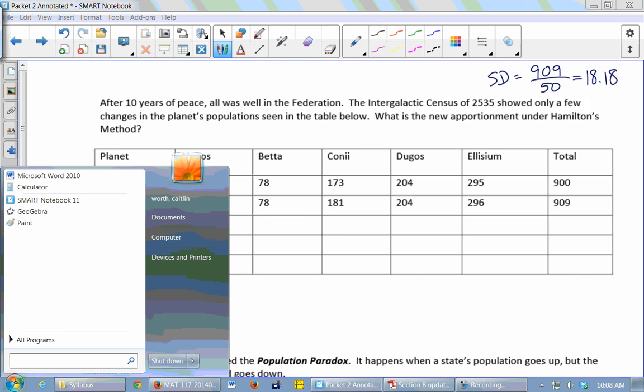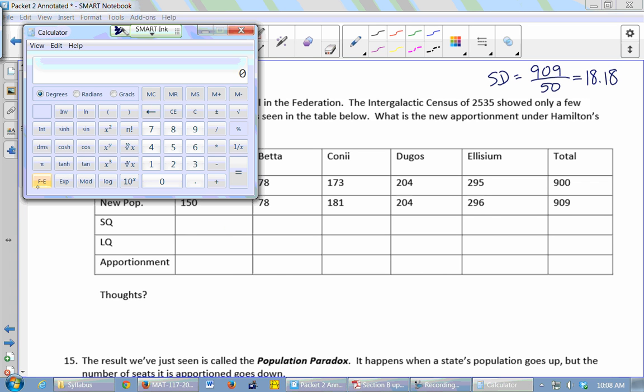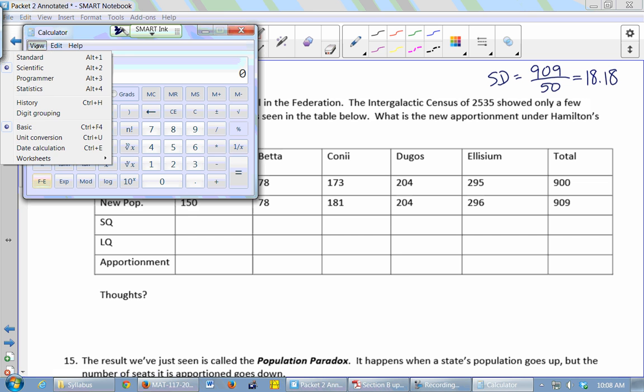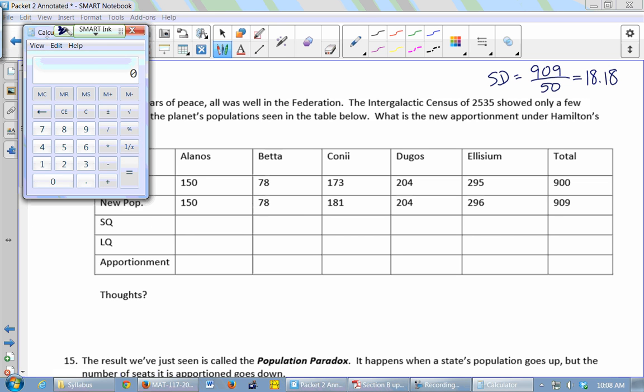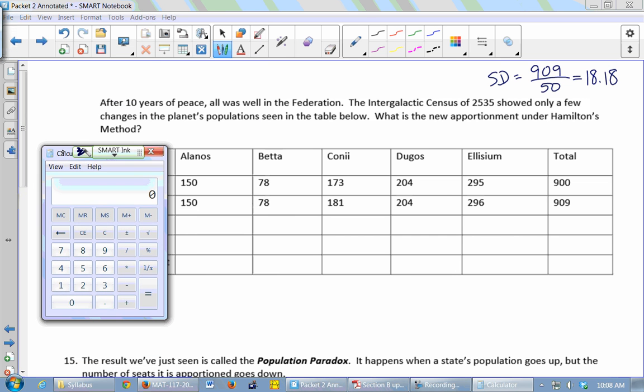Open up a calculator. Okay, so 150 divided by 18.18 is 8.25. 78 divided by 18.18, 4.29. 181, 9.96.